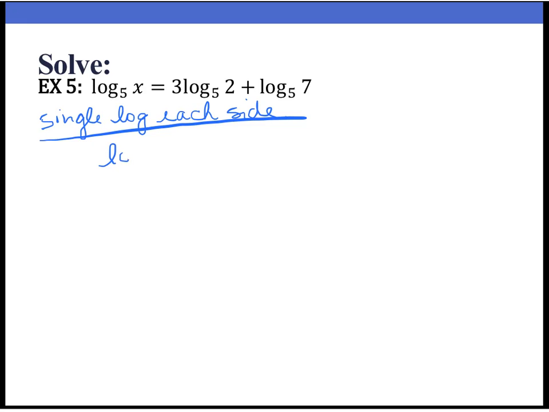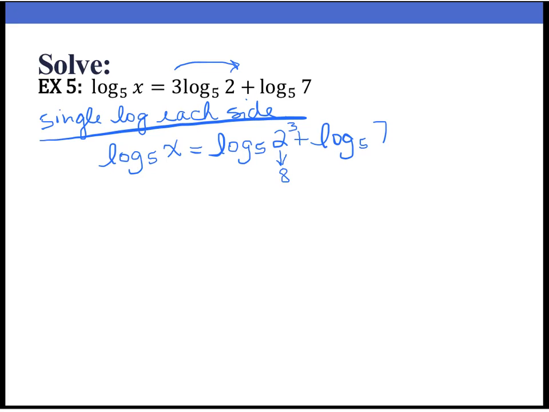So we have log base 5 x equals, and we're going to have to move that 3, make a power, log base 5 2 cubed plus log base 5 7.